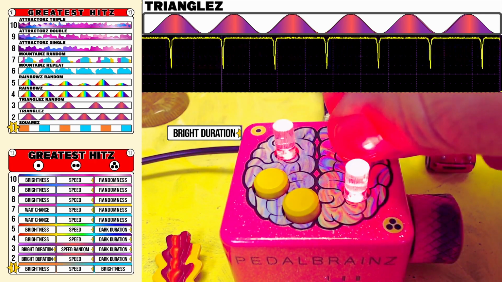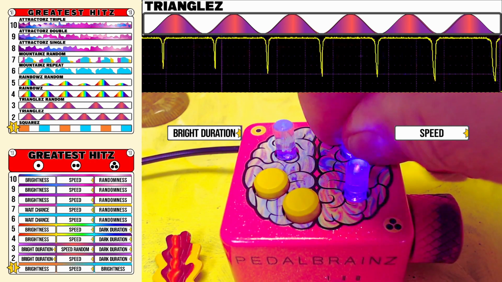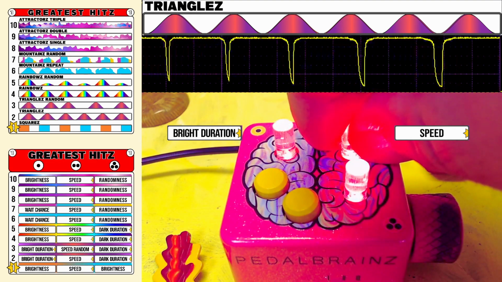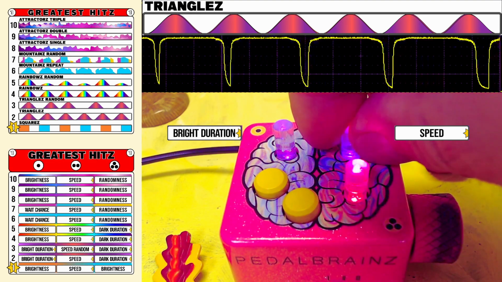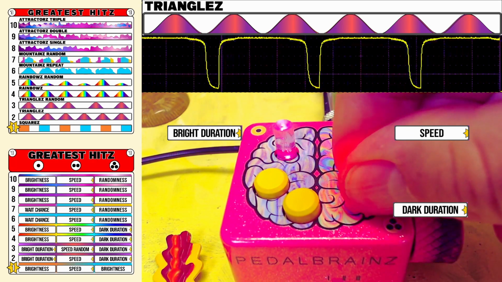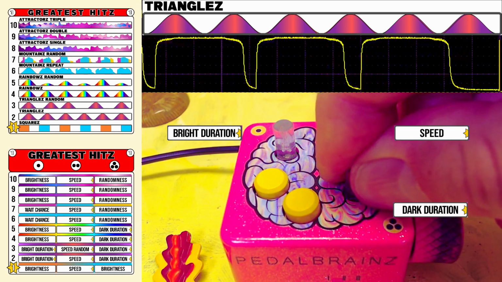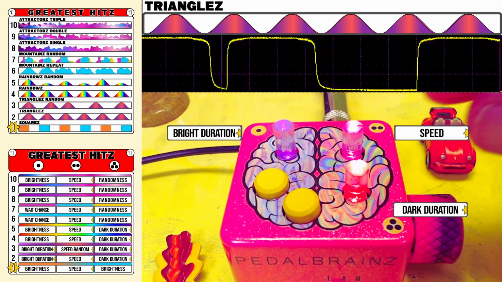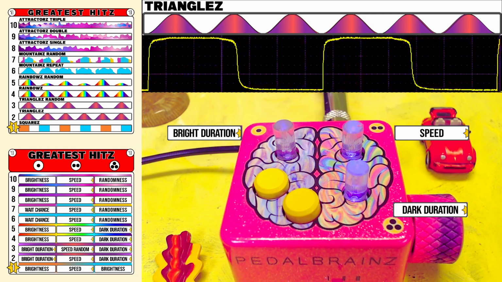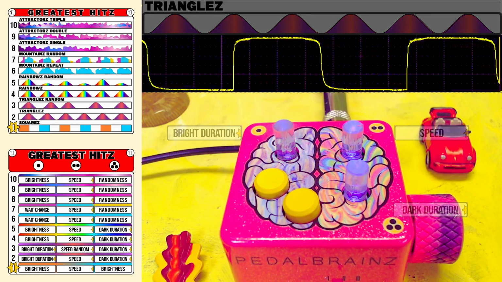Knob 2 controls how fast it transitions from fully dark to fully bright. And knob 3 controls the amount of time that it stays dark when it's reached the bottom of the peak. This is mode number 2, Trianglez.